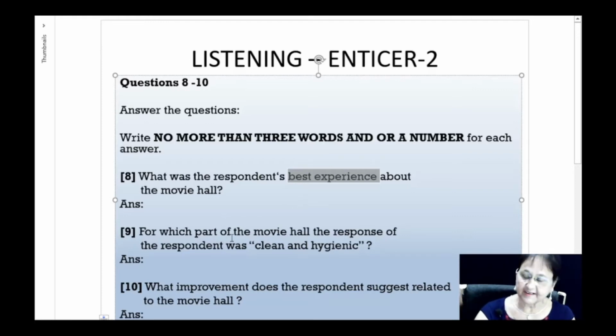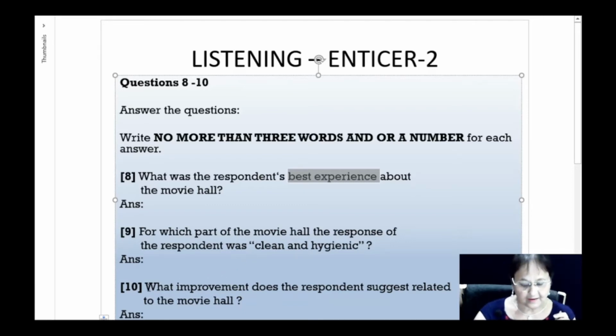Then question number 9, as you can see, which part of the question is important for you? For which part of the movie hall the respondent was clean and hygienic? So is she going to reply to clean and hygienic? Or is the main part of the question which part of the movie? So let's play the audio and then we will decide which one is the important one.